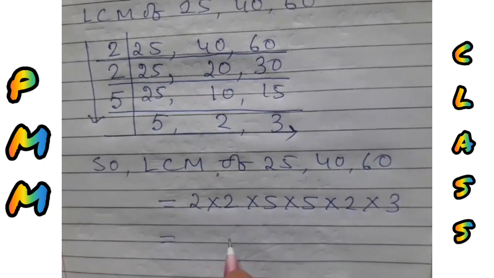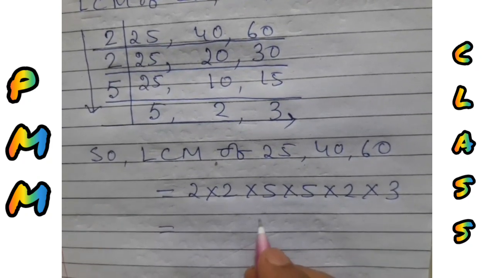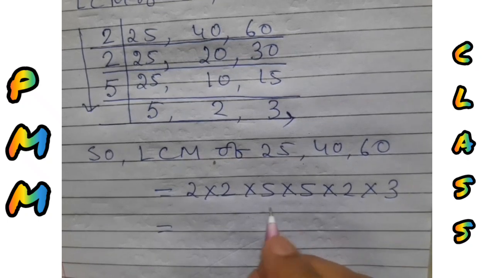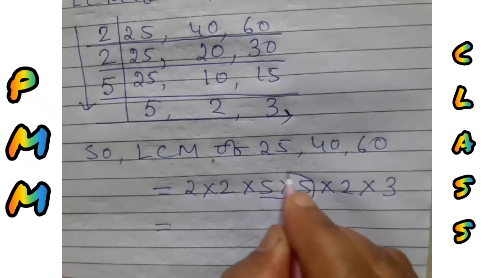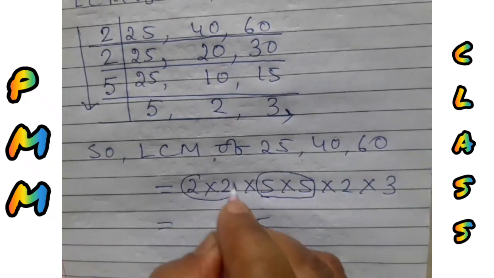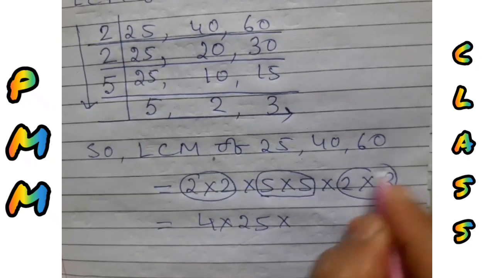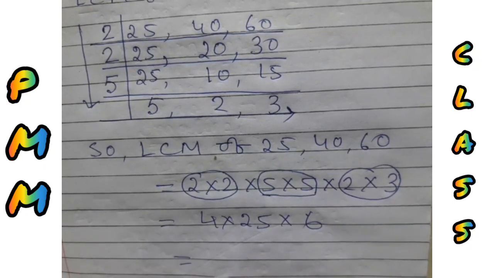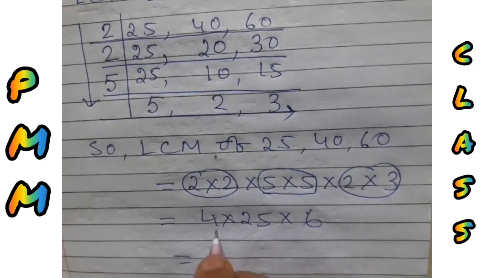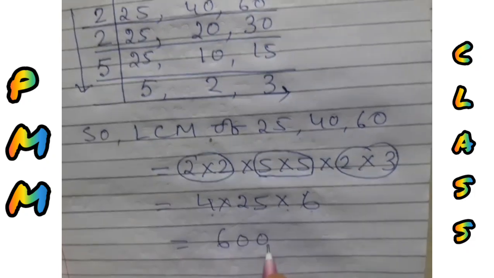And the multiplication is to be done in such a way that the number of zeros comes more: 5 5s are 25, 2 2s are 4, and 2 3s are 6, so 25 times 4 is 100, 100 times 6 is 600.